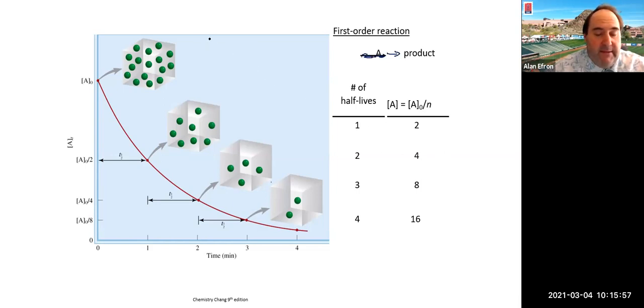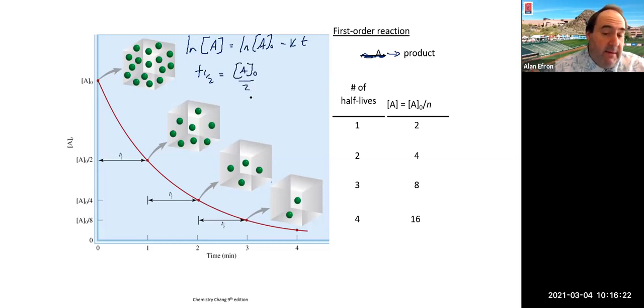If you ever need to figure out the half-life equation and you're not sure what it is, you can mathematically solve for it using the integrated rate laws. At the half-life, our final concentration would be the initial concentration divided by 2.